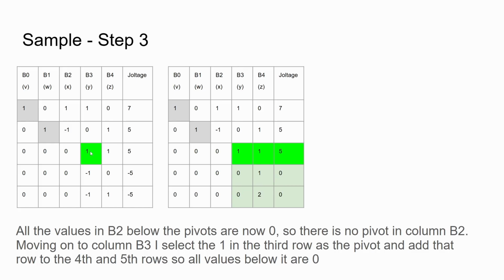But here I'm picking this as a pivot, and so I have to get these 2 values to equal 0. To do that, I add this row to these. So 1 plus -1 is 0, 0 plus 1 is 1, -5 plus 5 is 0, -1 plus 1 is 0, 1 plus 1 is 2, and -5 plus 5 is 0.